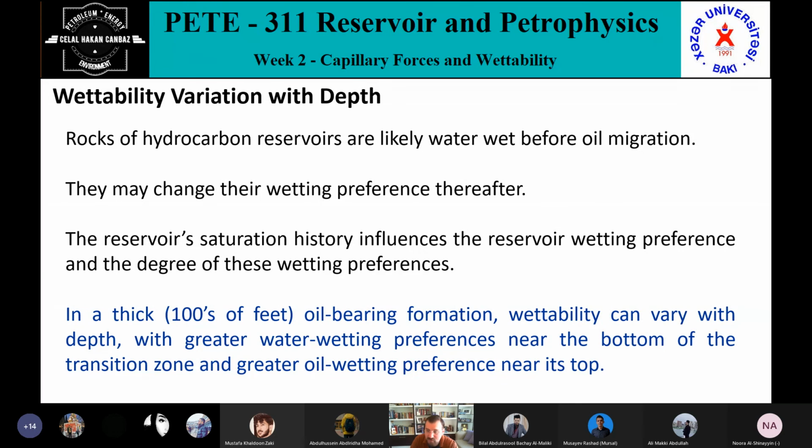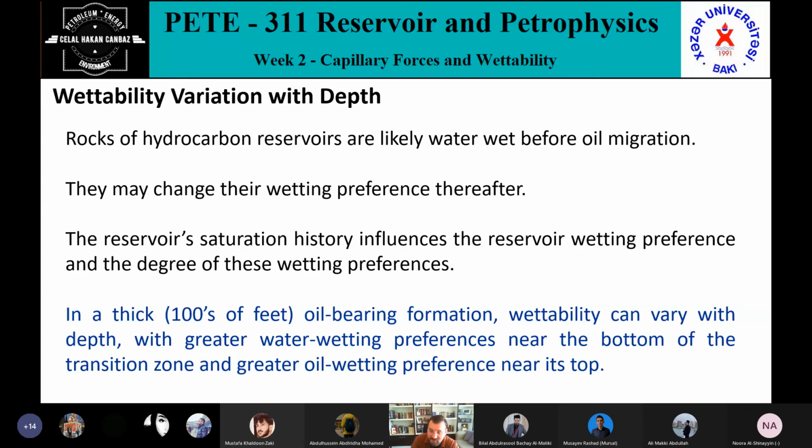So in a thick oil-bearing formation, the wettability can vary with depth, with greater water wetting preferences near the bottom of the transition zone and greater oil wetting preferences near its top. When you reach your oil-water contact zones, you will see mixed wettabilities.